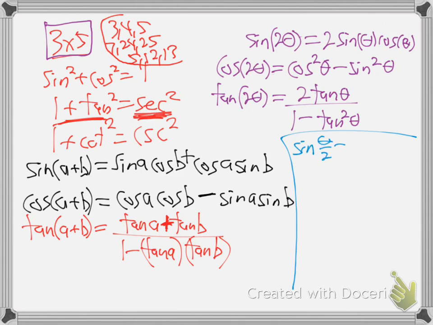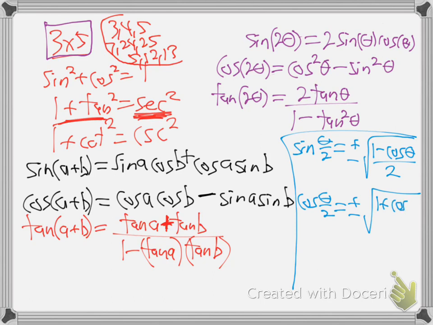Sine of theta over 2 is plus or minus the square root of 1 minus cosine of theta all over 2. Cosine of theta over 2 is plus or minus the square root of 1 plus the cosine of theta all over 2.